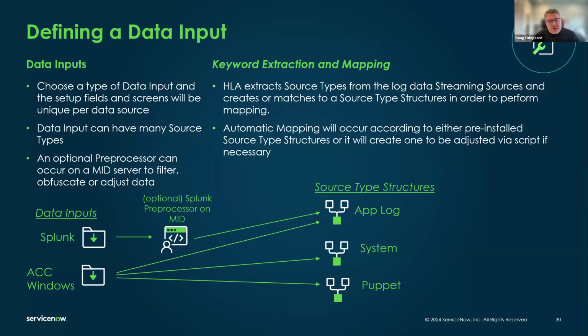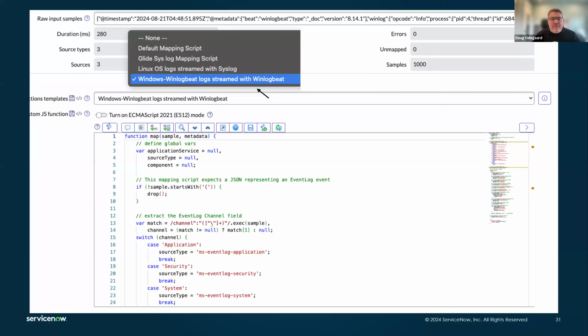That source type structure is going to help the system understand what is the data, what is a timestamp, what is a message, what is the severity. Most of the time that comes in and it's very automatic, or there may be pre-installed source type structures that it adapts to. And that really offers the opportunity for the mapping to occur so that it comes in and the engine makes the best decisions.